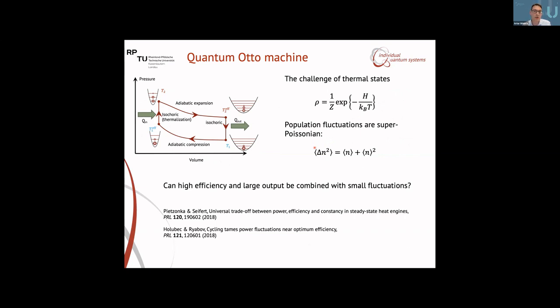But if you have a single particle, fluctuations can lead to a very unstable engine operation. That is one thing that has been worked on theoretically quite a bit, and it is also something that I'm interested in experimentally, not so much in this talk, but in some other experiments that I cannot report about today.